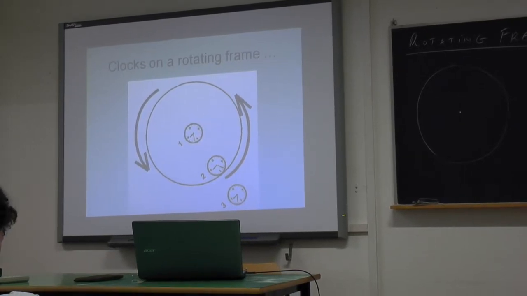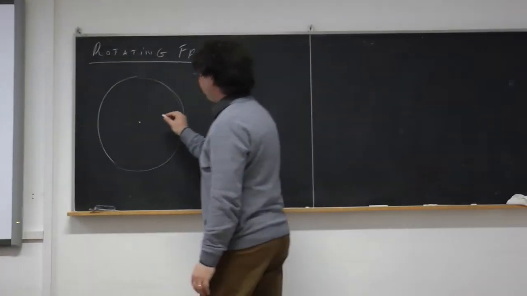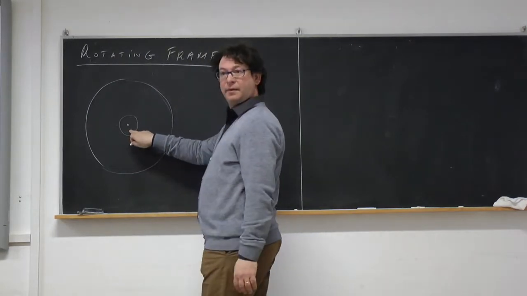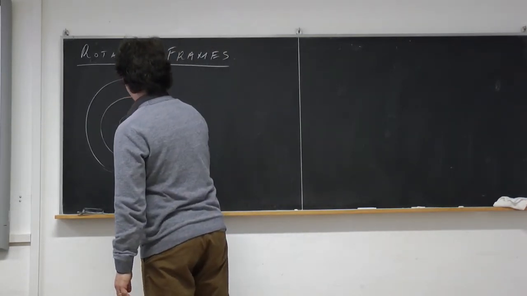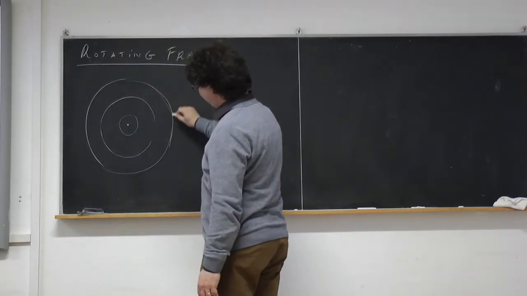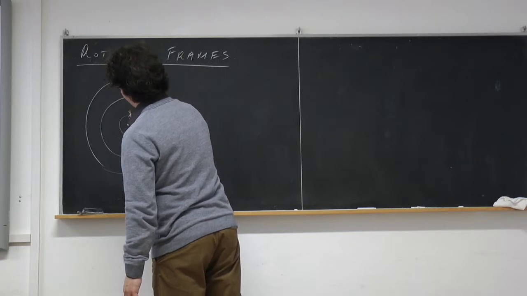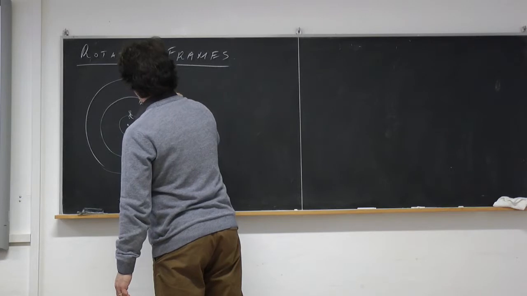This is just a picture, right? But it's telling you that you have one observer here, very close to the center of the rotation, an intermediate observer here, and one observer at the outer edge. So three persons: one here, one there, one there.